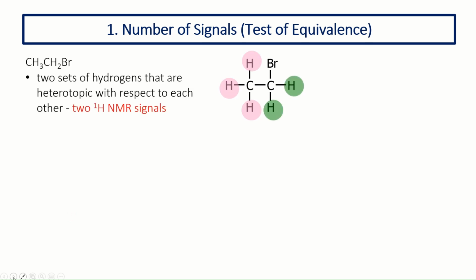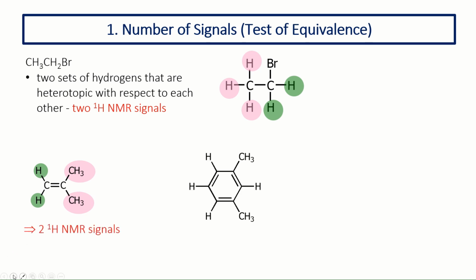So the methyl bromide, as we stated to you before, you can see will give you 2 sets of protons. Herein, we're looking at this alkene, and you can see that we also have a line of symmetry here, but there is no line of symmetry here, and so there's 2 different sets of protons.